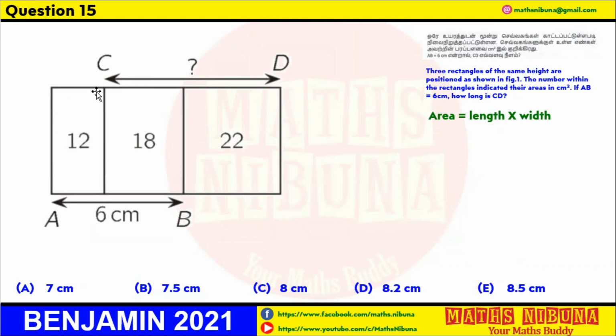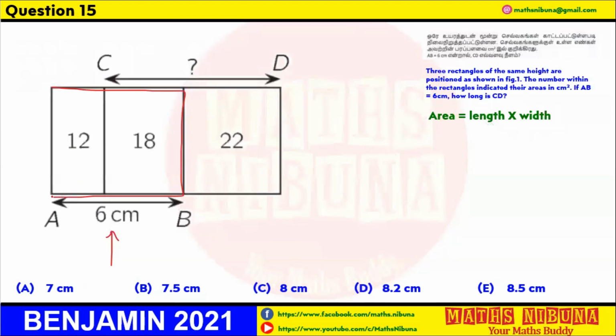Now we have three rectangles, all combined together. But first they give you this length, AB, which is 6. Now just look at the red color.